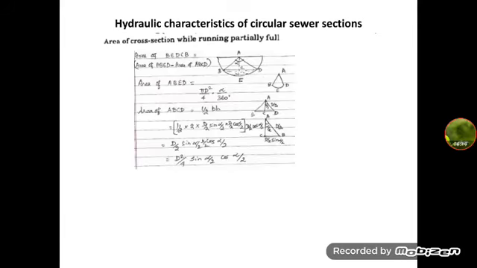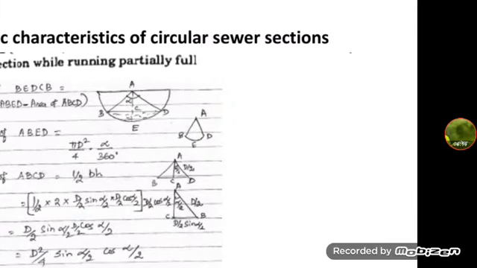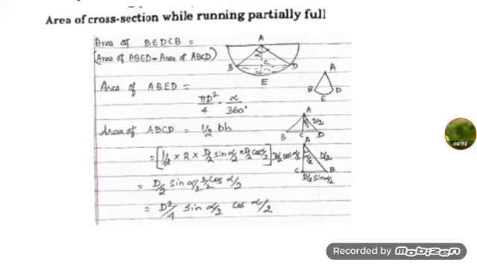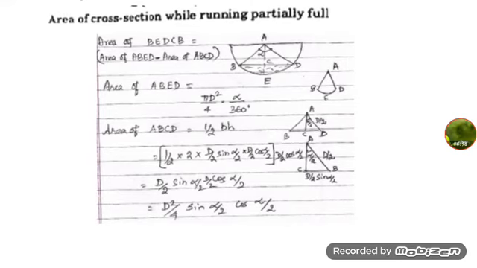Likewise, we are going to calculate the area of the cross section when it is running partially full. If you take the depth of flow and mark the chart as ABED, then the area of the flow is equal to the area of the whole sector ABED minus the area of the triangle ABCD.